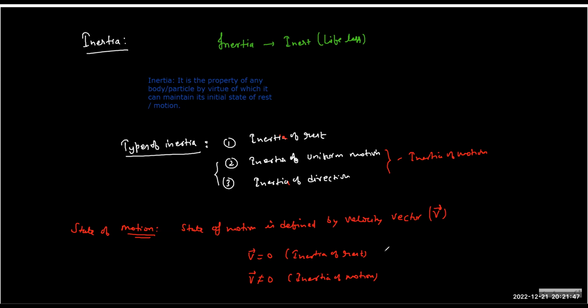Can we say which one will have more inertia of rest than the other? If all are having inertia of rest, is there any way to compare it? Which one will have more inertia of rest and which one will have less? Do we have some method to compare the inertia? Tell me, guys.